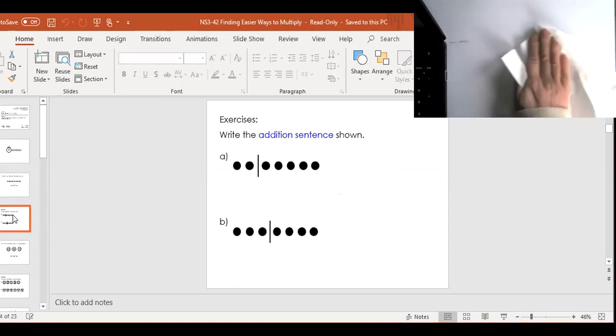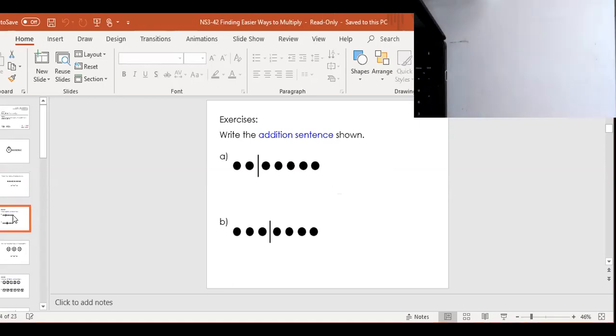So there's a couple here for you to try at home. So A, we're making an addition sentence. How many dots are here? 2. How many dots are here? 5. So 2 plus 5 altogether, that is 7. Okay.